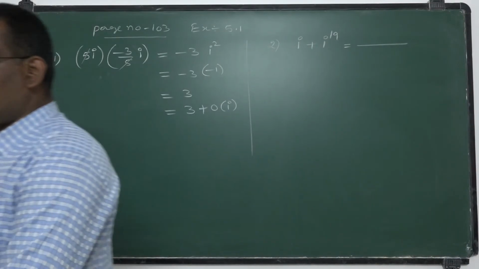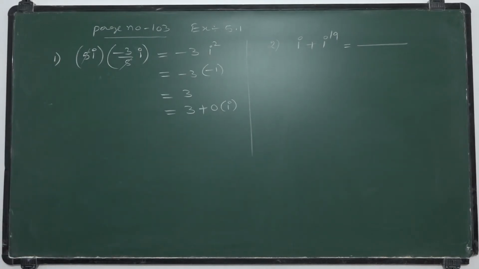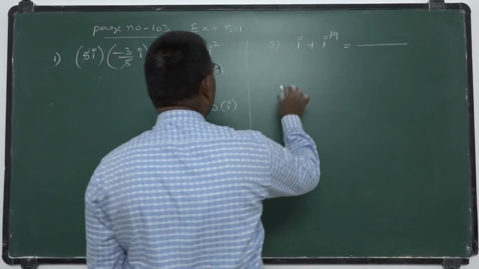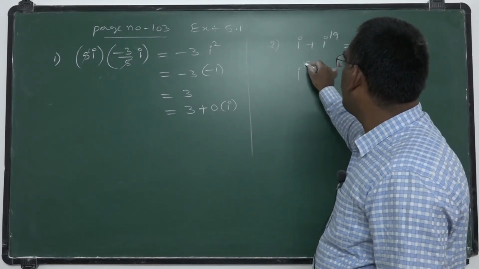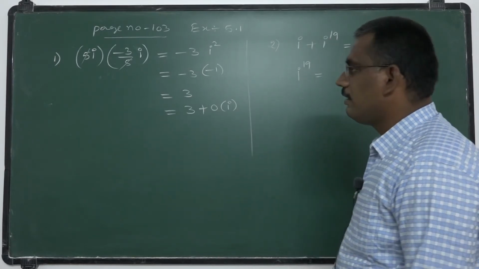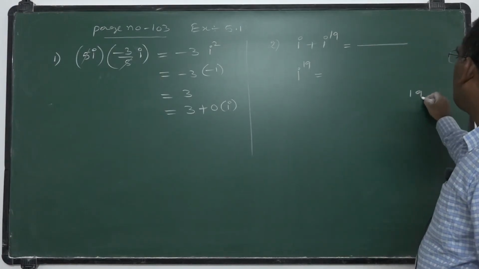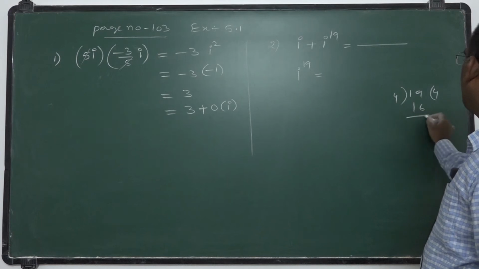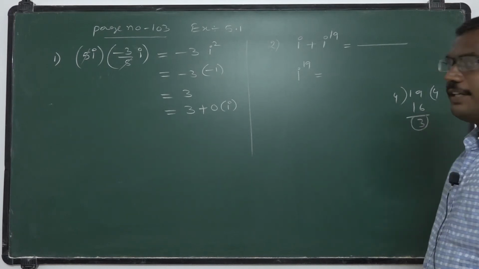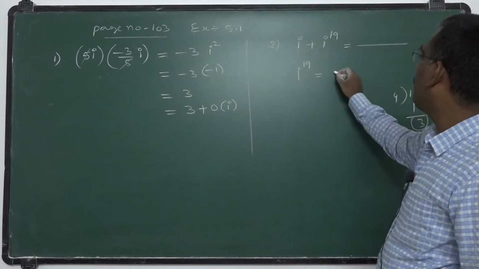First, simplifying the i power 19 value. Dividing 19 by 4, 4 16, remainder 3, therefore i power 19 will be equal to i power 3.